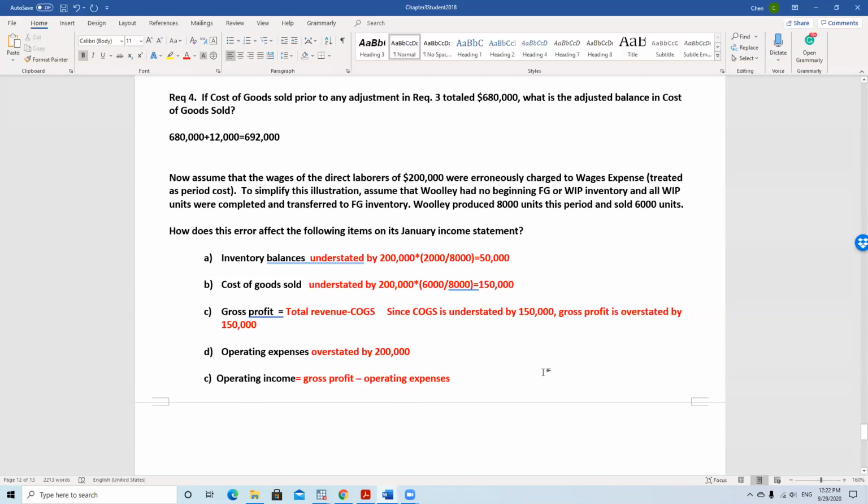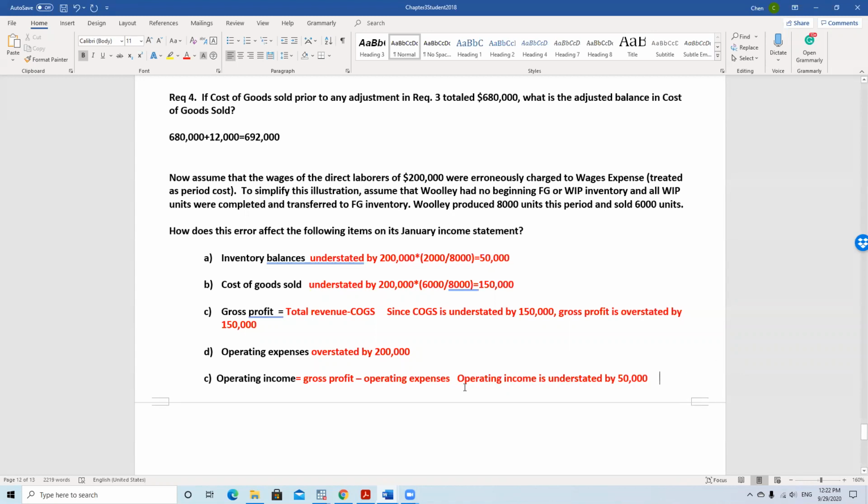So what do you think the result will be? We are subtracting something that is more than we should, okay? So actually, operating income is understated by 50,000. Does it make sense to you?